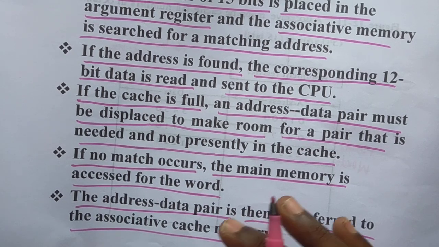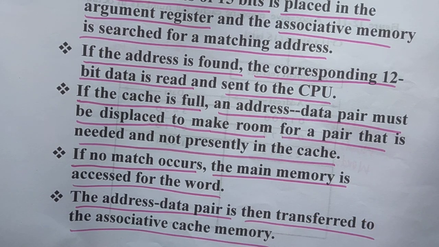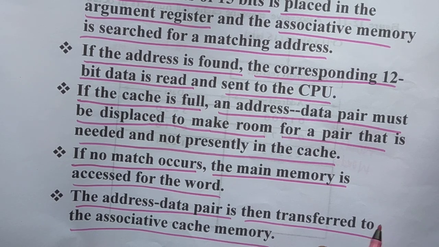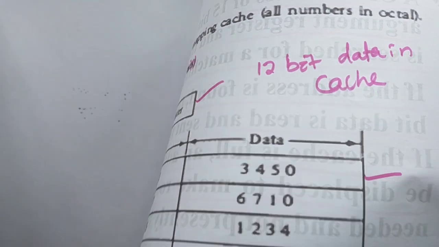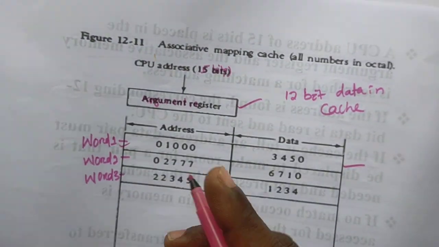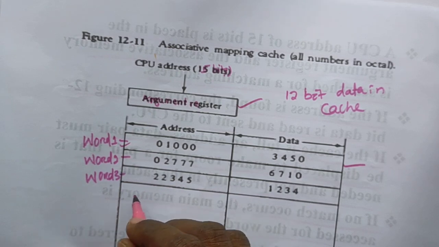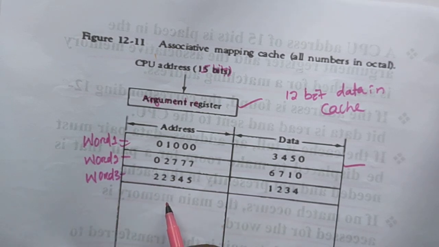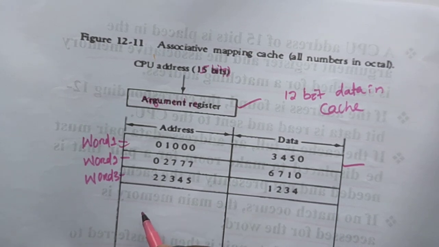This means if a word is not found in the cache memory, the corresponding data is collected from main memory through both the address and data pair and transferred to the cache memory, which stores it again, with the address and data, in this particular associative cache memory.